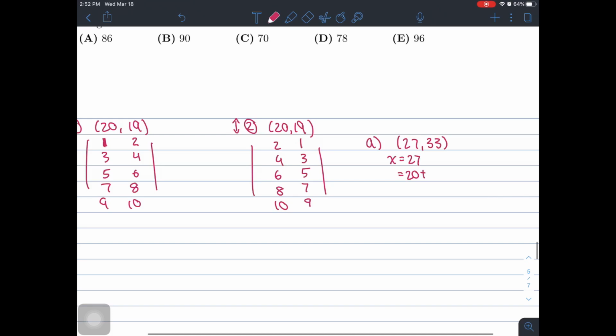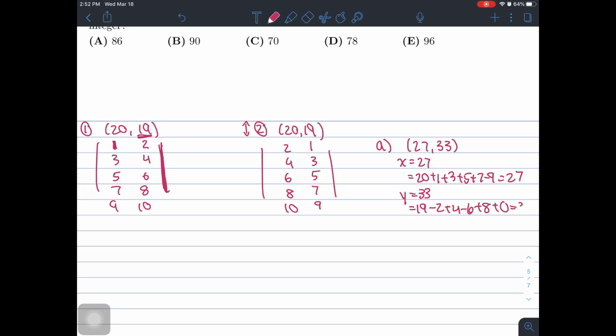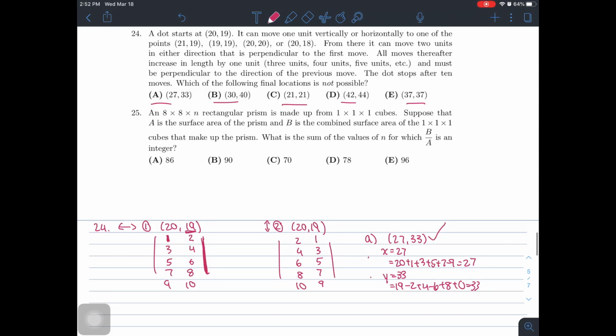So it's 20 plus 1 plus 3 plus 5 plus 7 minus 9 equals 27. And for y, that would equal 33, starting from 19, and you use these numbers to get 33. So you do 19 minus 2 plus 4 minus 6 plus 8 plus 10 equals 33. Because these two are possible, you know that 33 is possible.